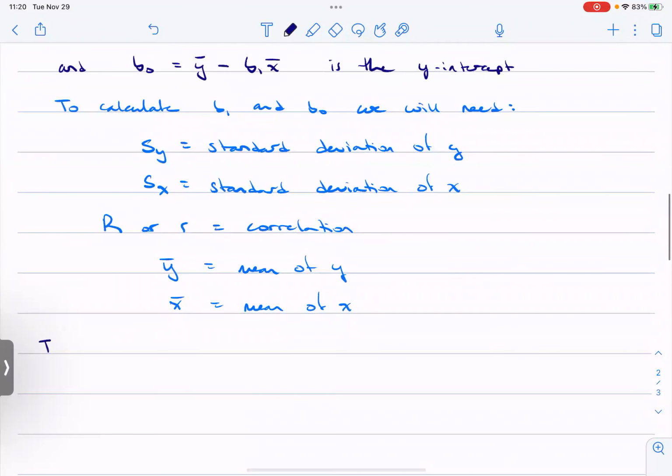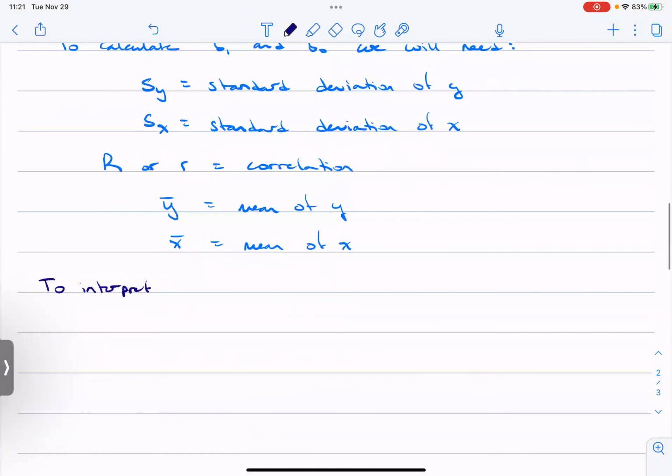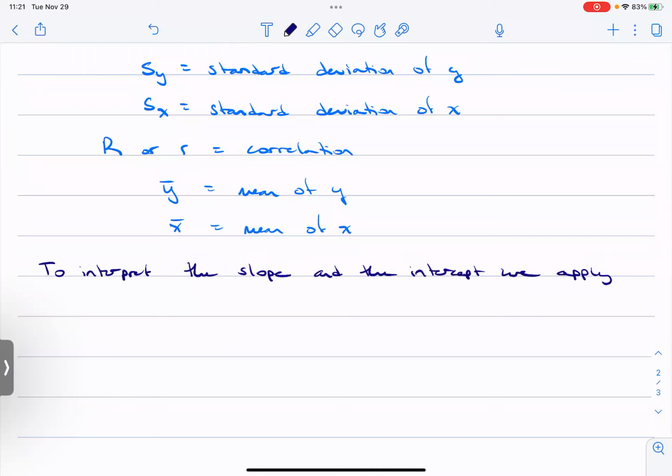Okay, so to interpret the slope and the intercept, all we really do is we apply the definitions of the slope and the intercept to this context.